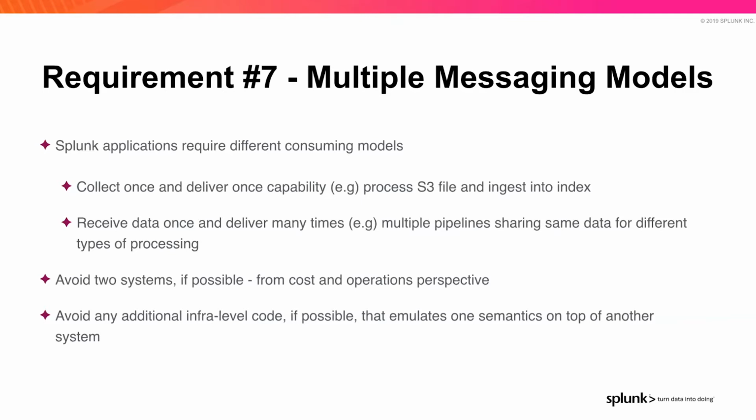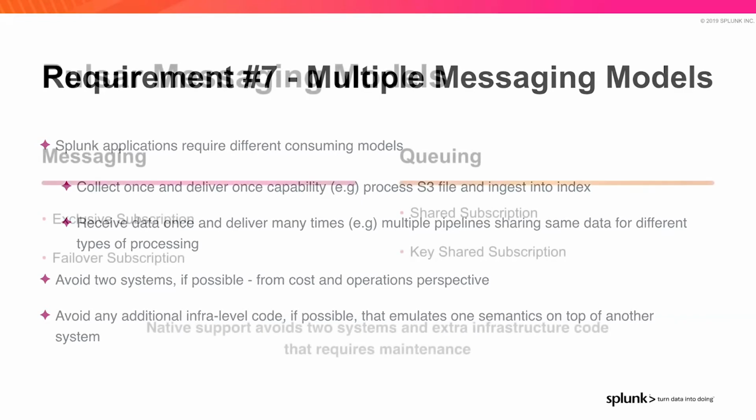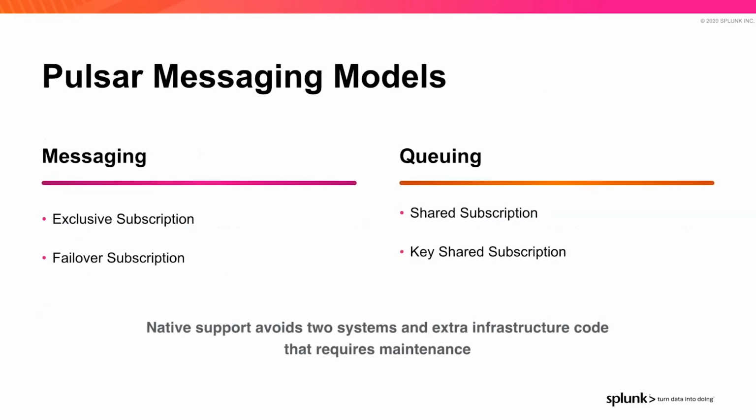For these, we don't want to use multiple systems from a cost and operations perspective, and we don't want to emulate one system on top of the other, because then we have to write a lot of emulation code that requires maintenance. So luckily, Pulsar provides both messaging models.